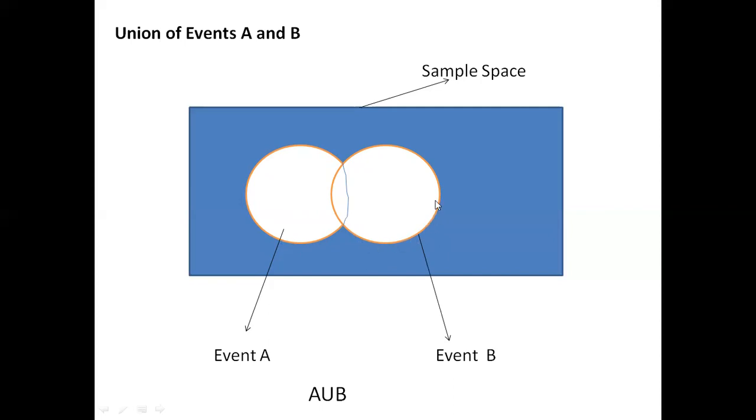So if two events A and B are there, the union of A and B is the event containing all experimental outcomes belonging to A or B or both.